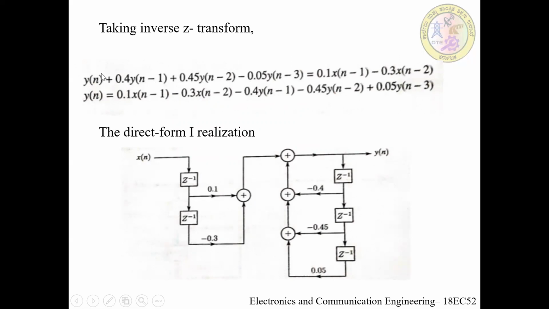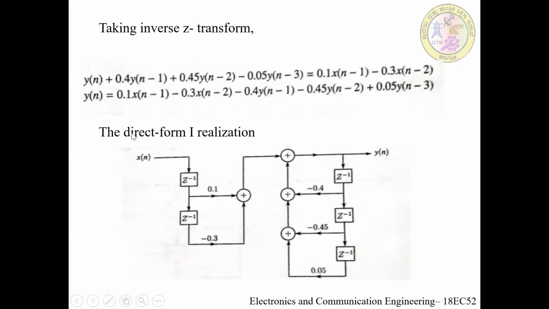So if we solve for the output y of n, what we obtain is the input part, that is 0.1 into x of n minus 1 minus 0.3 into x of n minus 2, and the feedback part minus 0.4 y of n minus 1 minus 0.45 y of n minus 2 plus 0.05 y of n minus 3. So we have to realize this particular difference equation.